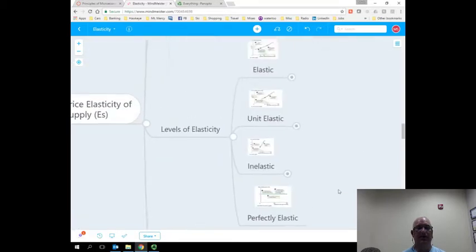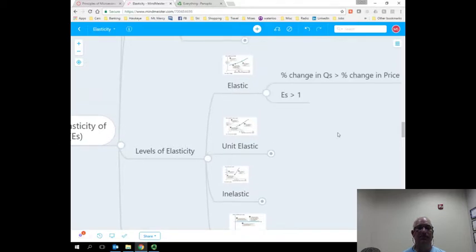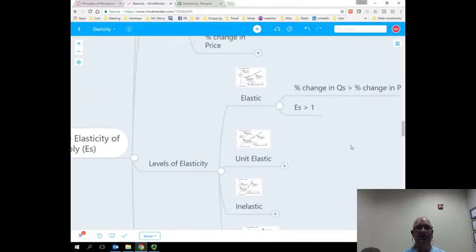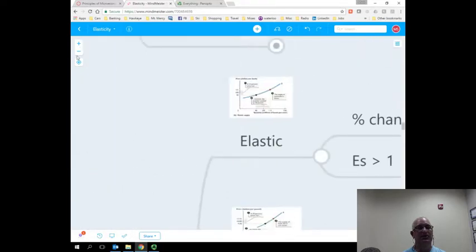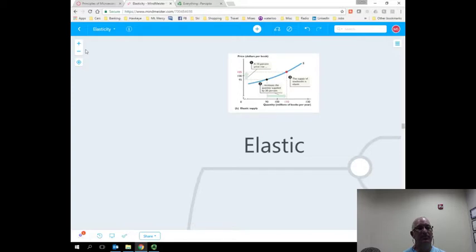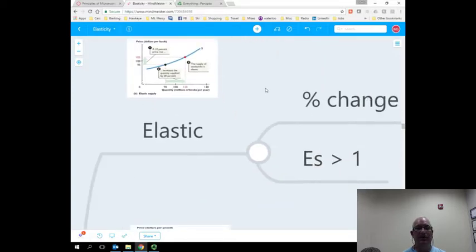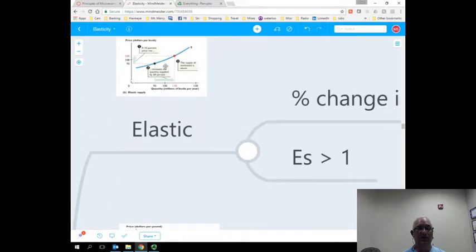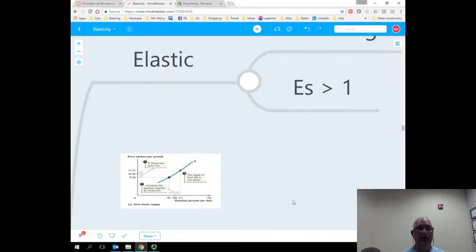Similarly, we have different levels of elasticity, just like we did in demand. If it's elastic, it's a scenario where you've got a flat curve again. Here it's a supply curve, though. So it's relatively flat here, and in addition to seeing it from being flat, the calculation will be greater than 1.